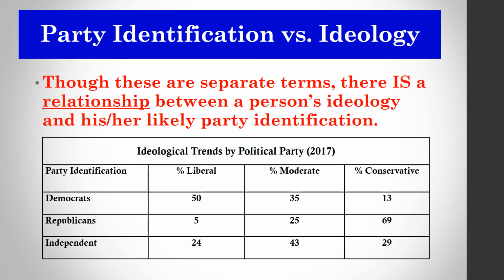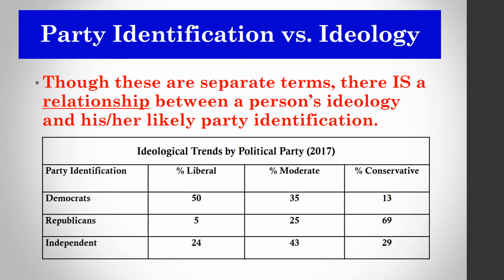So obviously your ideology and your party identification, there will be some overlap as we see here. We know that the Democrats tend to take more liberal positions on a variety of issues. And so it would make sense that a higher percentage of Democrats consider themselves to be liberal, 50%, and moderate, 35%, and only 13% of Democrats identify ideologically as conservatives.